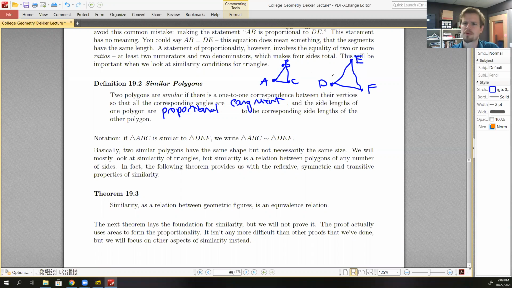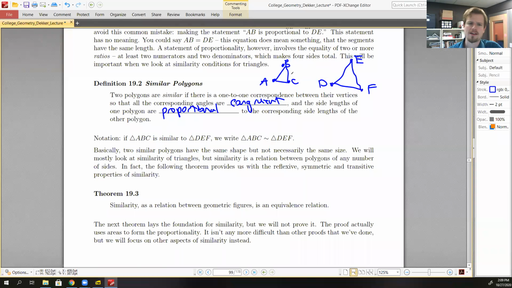So AB is proportional to DE, BC is proportional to EF, CA is proportional to FD, right? And not individually, right? We're talking about the collection, line segment AB, along with line segment BC, along with line segment CA. Those are proportional to line segments DE, EF, and FD, okay?